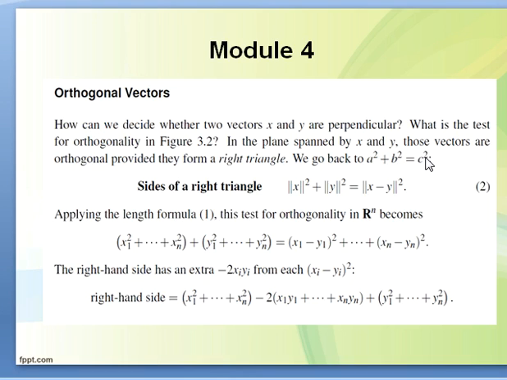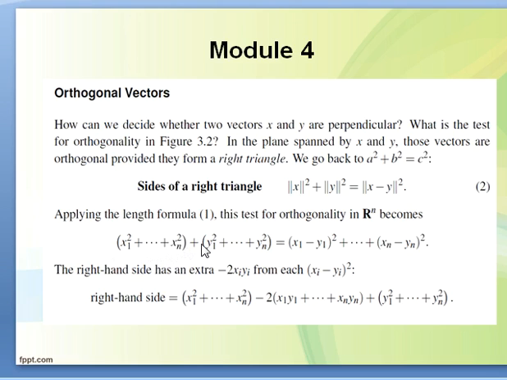When it has been expanded for n dimensions, then it should be the magnitude of x square plus magnitude of y square should be equal to the magnitude of x minus y square. So here the magnitude of x means it would be the terms x1, x2 and so on. How many are there depends on the dimension.